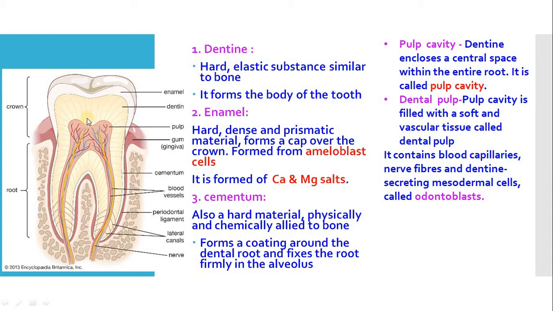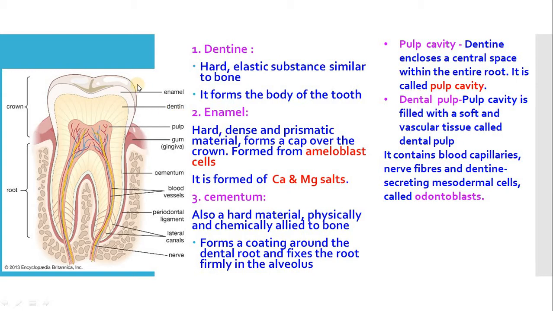Dentine is a hard, elastic substance similar to bone. It is responsible for the hardness of the teeth, and is also protected by the enamel, which is also hard. Actually the body of the teeth is formed by this hard part called dentine.